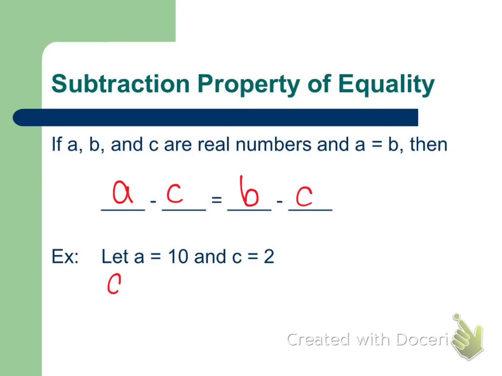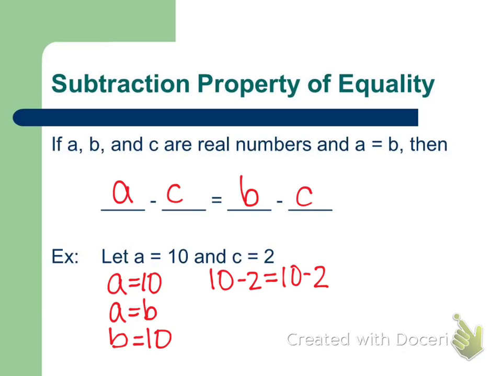And again, if A is equal to 10 and A is equal to B, then what must B equal? 10. So we can start plugging things into this general form we've got up here. 10 minus 2. I'm also plugging 10 in for B. 10 minus 2. Again, what's 10 minus 2? 8. Wonderful.